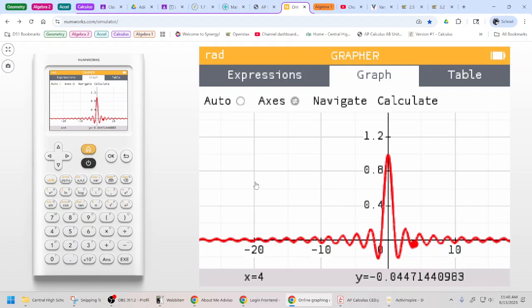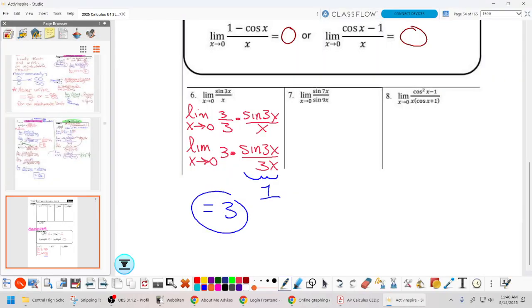So as long as we make whatever's with x in the sine the same as whatever's with x in the denominator, that limit is 1. So that's the manipulation part. I manipulated this by forcing the denominator to look the same as the argument of the sine. Cool, right?